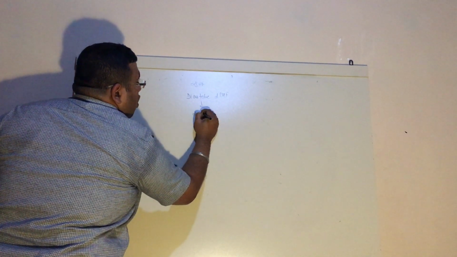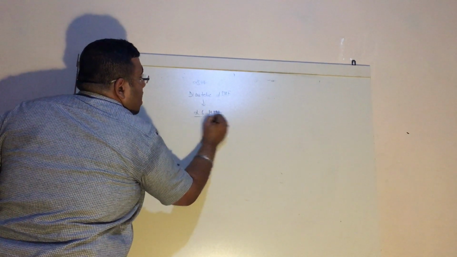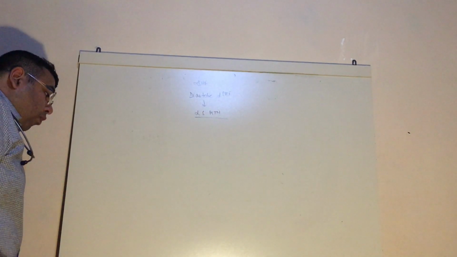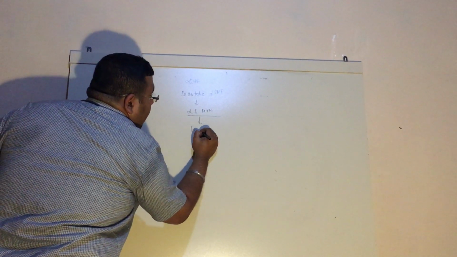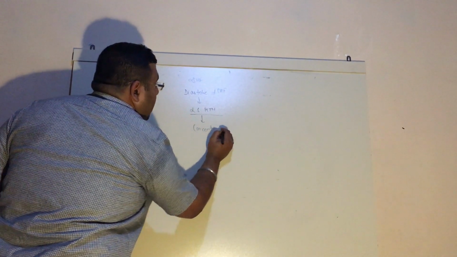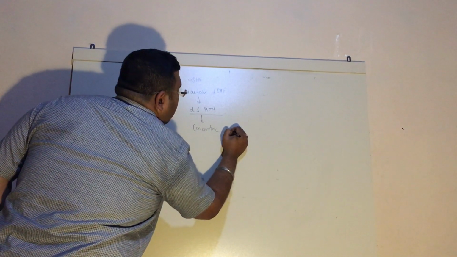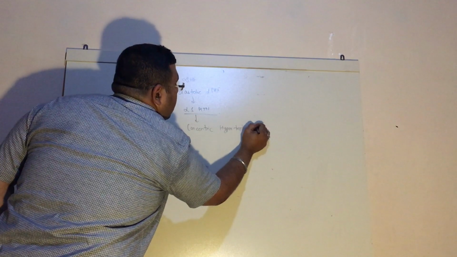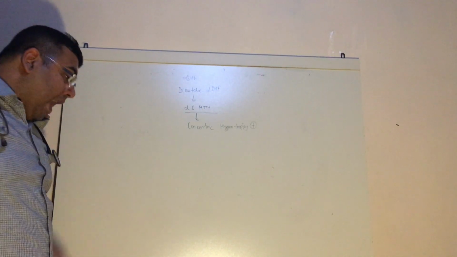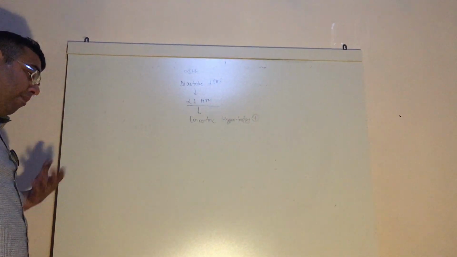So, diastolic left-sided heart failure because of long-standing hypertension, guys. How does it happen? See, because of the long-standing hypertension, concentric hypertrophy of the heart takes place.